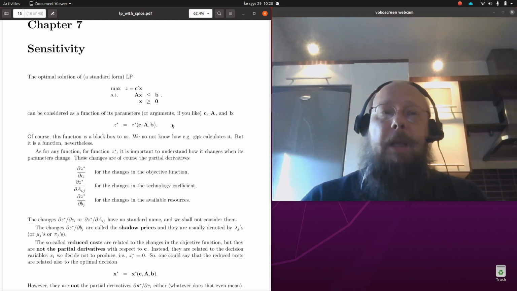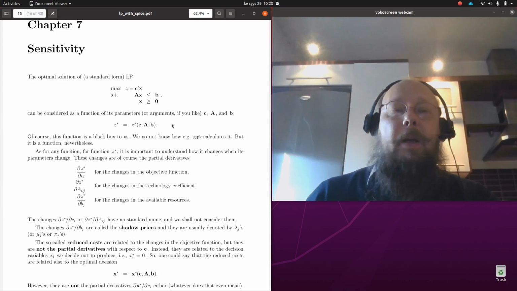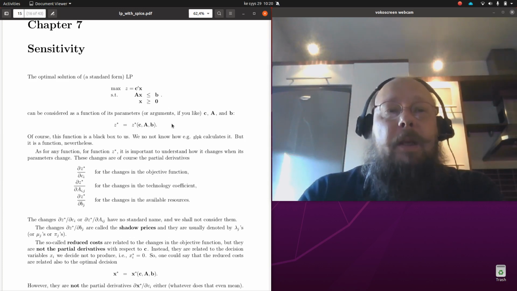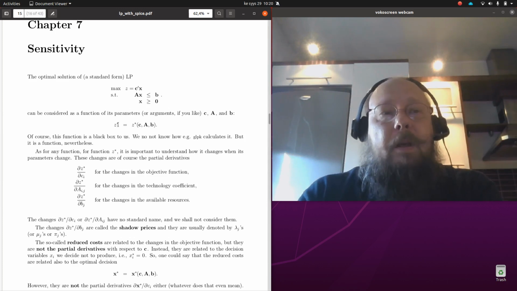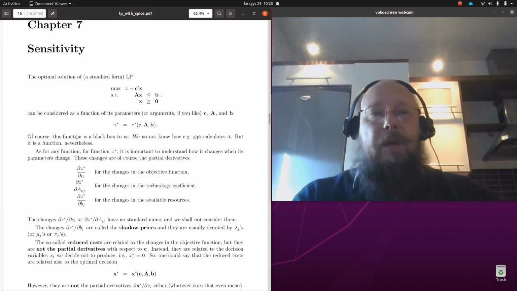So c, A, and b are the parameters of the problem, but now we can think of them as arguments of a function z star. This function is in some sense a black box to us, at least so far, so we don't know how to calculate its value, but nevertheless GLPK will calculate it for us. So it's a function.